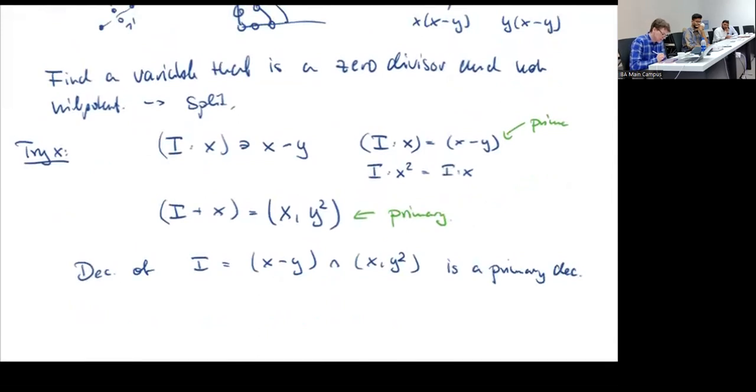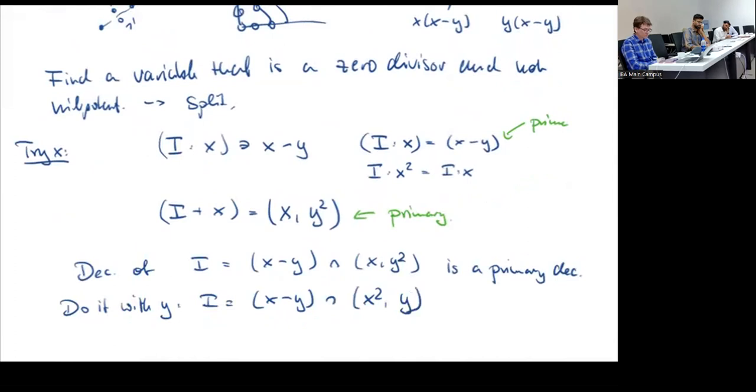Okay, so we got lucky. A couple of remarks. First of all, if we do exactly the same with y instead of x, you get that I equals x minus y intersected with x squared comma y.